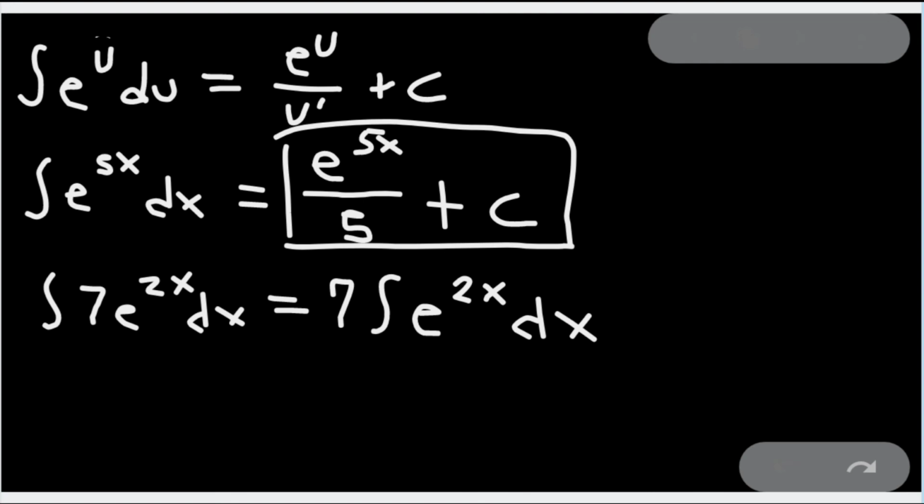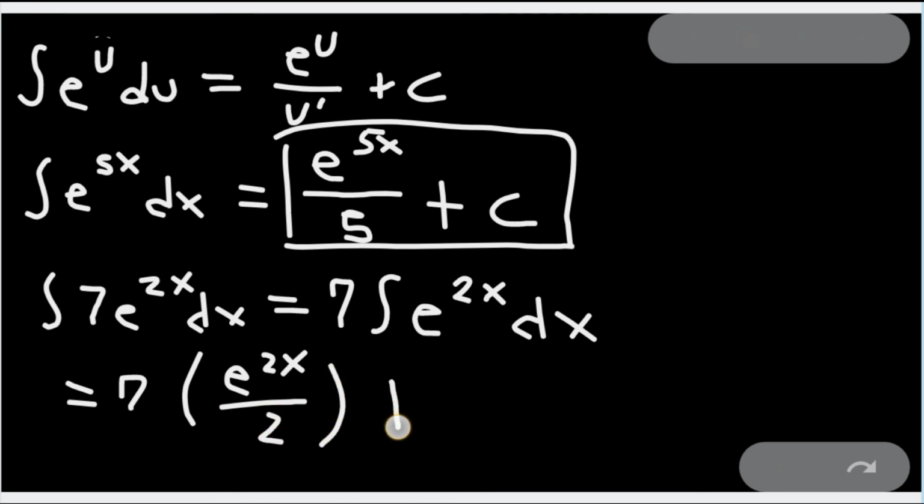So we can now proceed to the integration of exponential function. It is equal to 7 times, our u here is 2x. So what we have is e raised to 2x over the derivative of 2x, which is 2, plus c. If your answer is no longer simplifiable, this is the final answer.